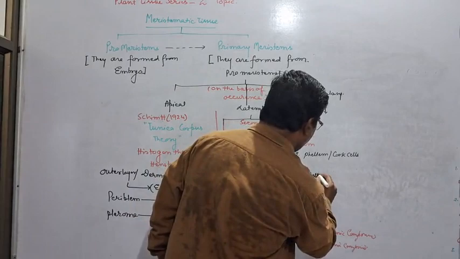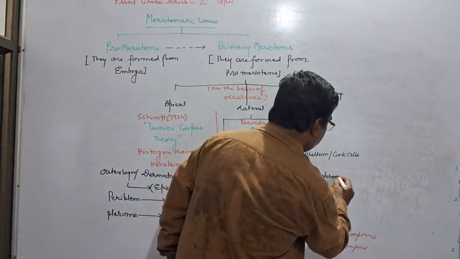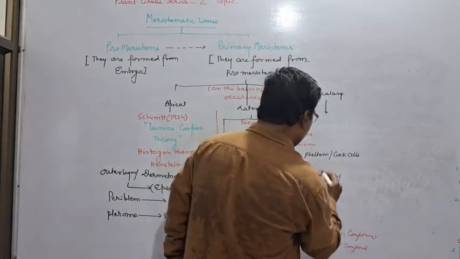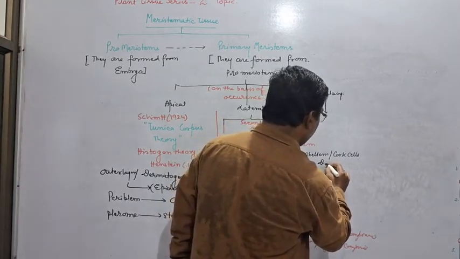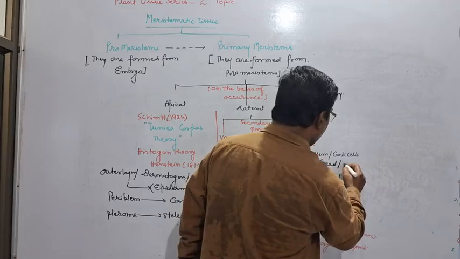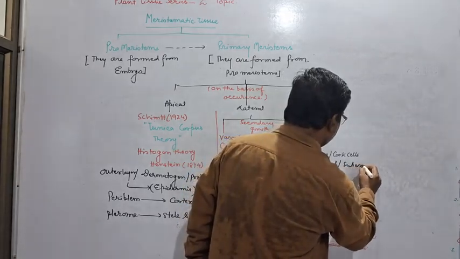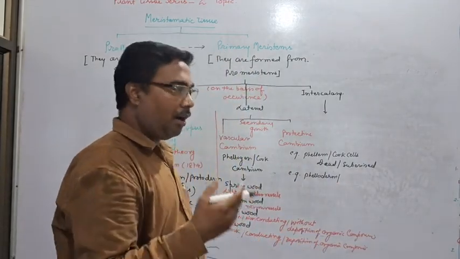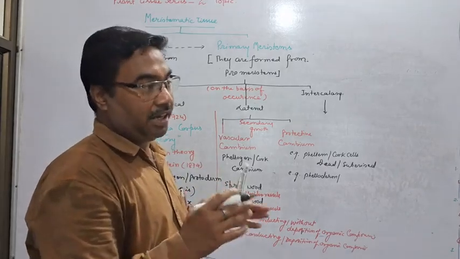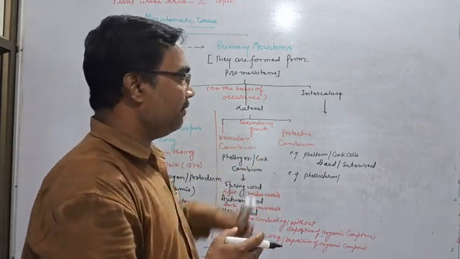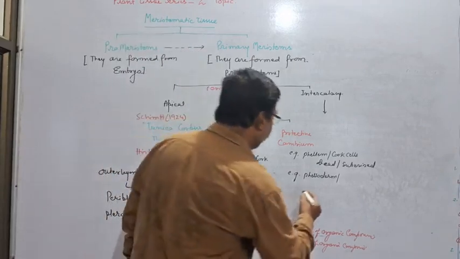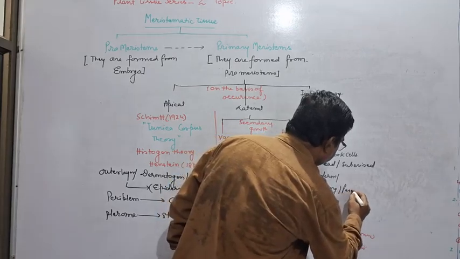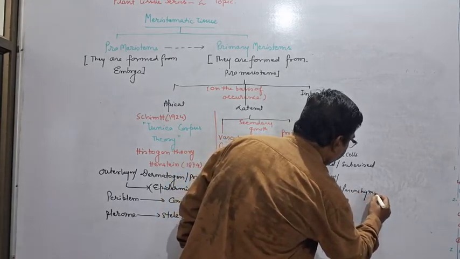The second is phelloderm. What is the difference between phellem and phelloderm? Phellem is dead and suberized. That means the cells are dead, and suberized means extra deposition of suberin is found in the phellem or the cork cell. But oppositely, phelloderm is living and parenchymatous.